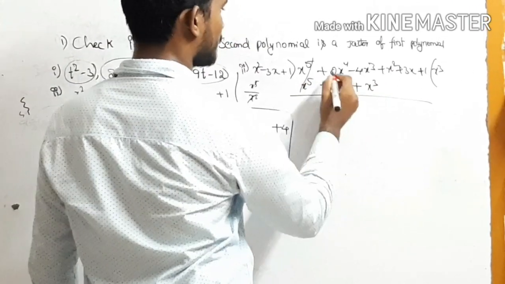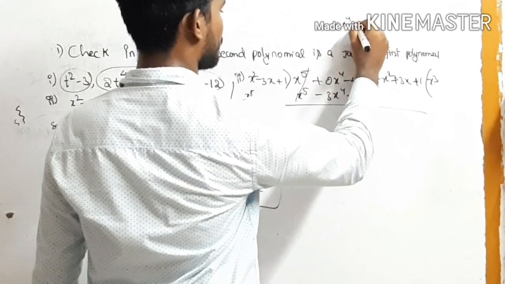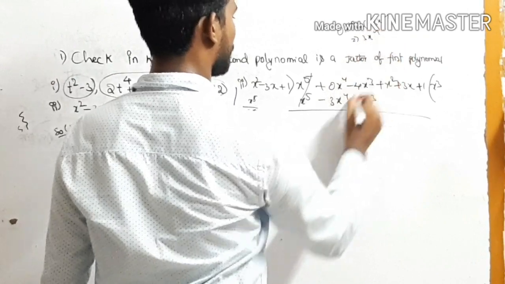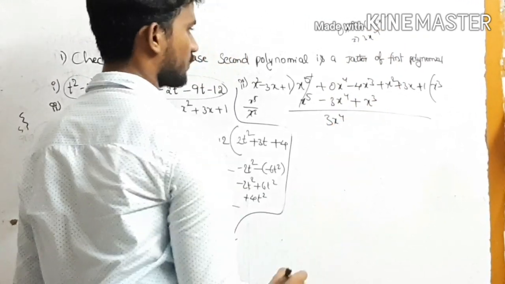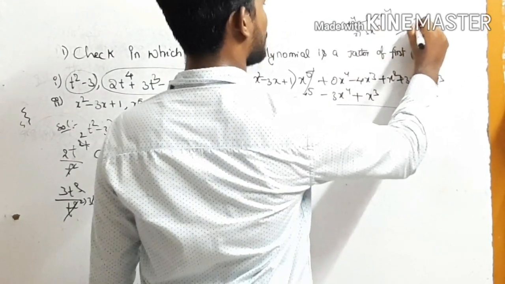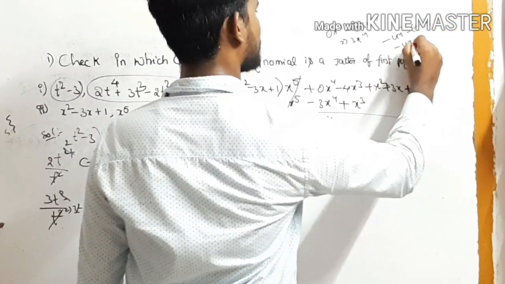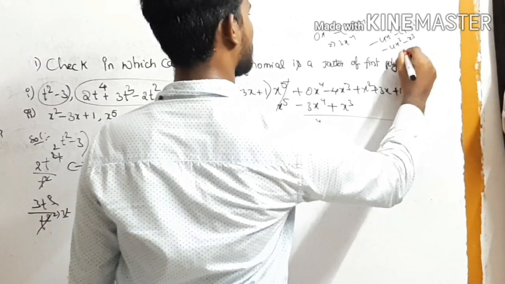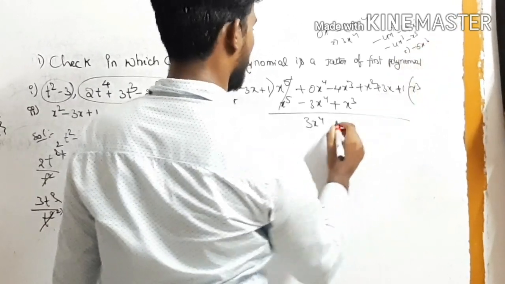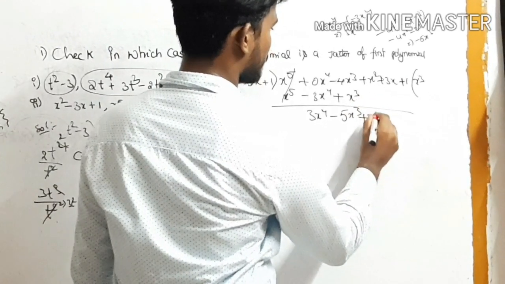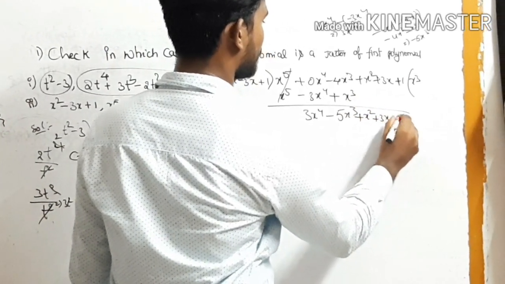This one cancels. 0x power 4 minus of minus 3x power 4 is plus 3x power 4. Minus 4x cube minus of plus x cube, minus 4x cube minus x cube, that will become minus 5x cube. Next as it is, this one x square plus 3x plus 1.